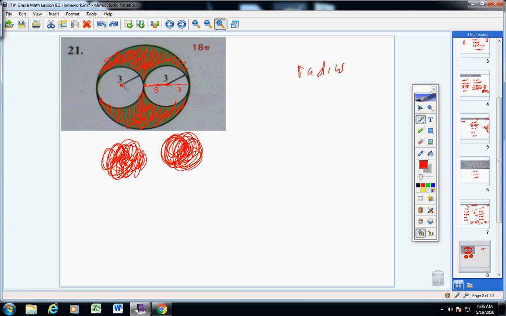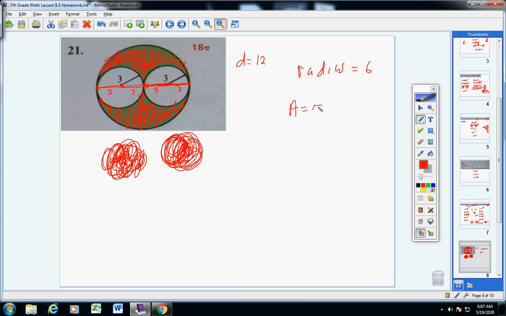And from here to here is also 3, and from here to here is also 3. So the total distance all the way across the circle is 3, 6, 9, 12. So your diameter of the big circle is 12. So then your radius has to be 6. From here to here, the radius is 6.